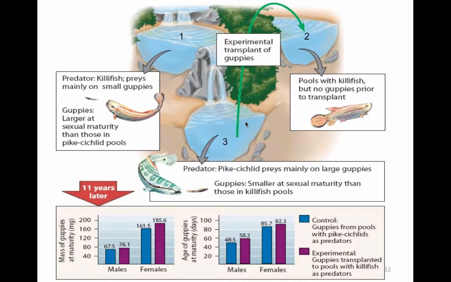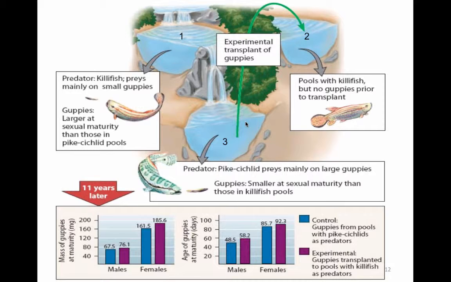To read the 2 bar graphs, we need 3 pieces of information from each bar graph. We need to know what the vertical axis measures, what the horizontal axis measures, and what the 2 colors, blue and purple, mean. The vertical axis measures a life history attribute, either mass at maturity or age at maturity.